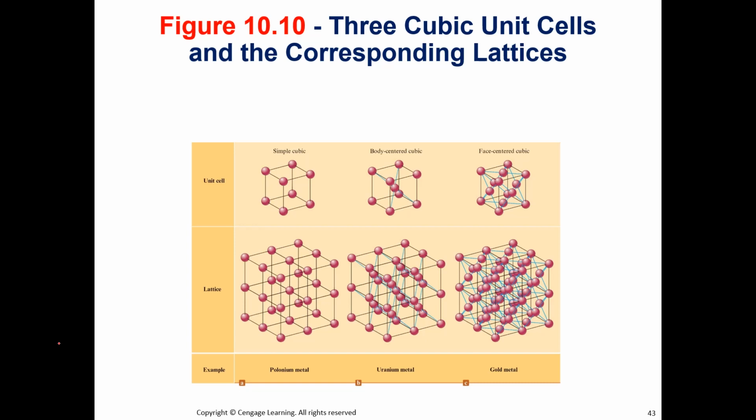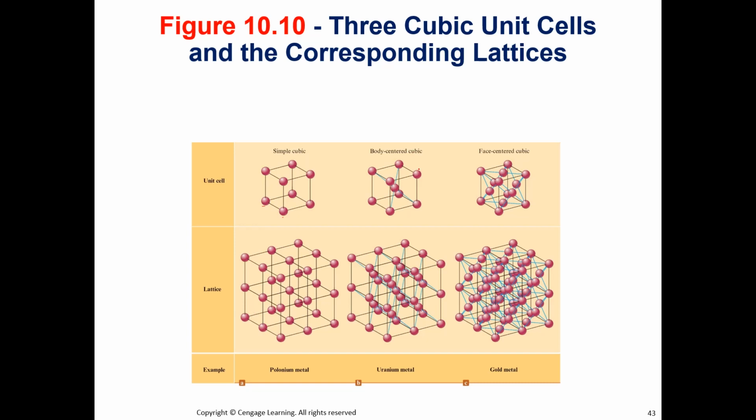The simple cubic unit cell has ions or spheres at each corner. The spheres here represent different ions. At each one of these corners, you will see a sphere. And if you have a lattice made up of that unit cell, each one of the corners is a different ion, or they will repeat in some pattern.